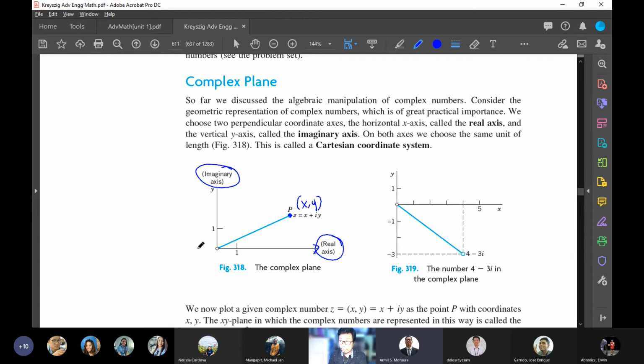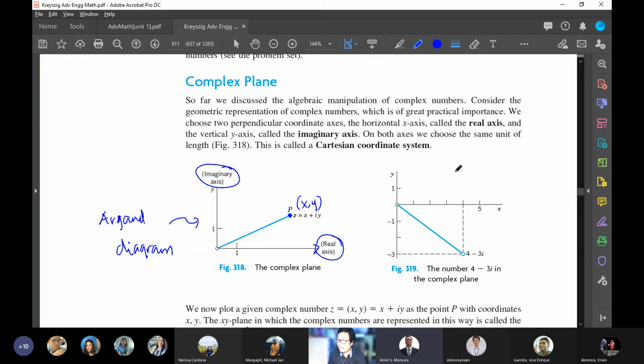We call this your complex plane, or another term we can use for this is the Argand diagram.